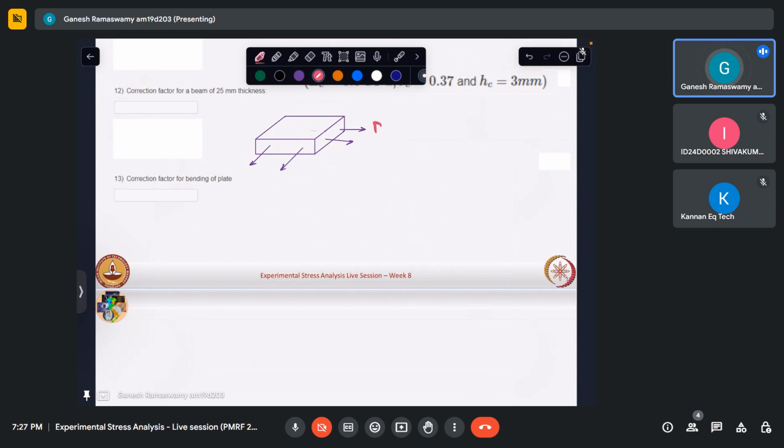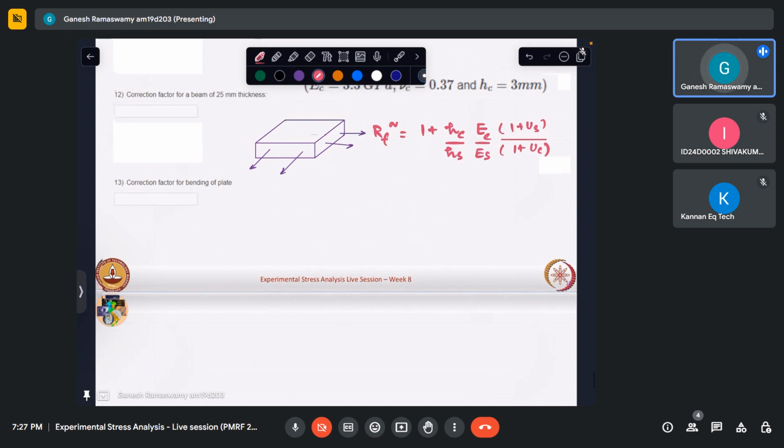I would encourage you to derive this on your own once and see how this comes about. It's a simple thing to do, but once you do it, even if the equations are not readily handy, you can at least apply first principles and you'll be able to get somewhere.